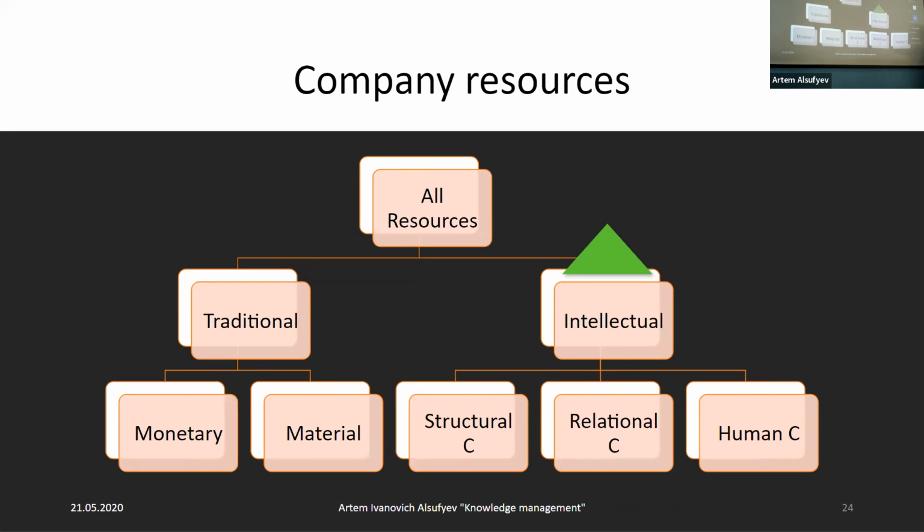You remember we said that intellectual capital is core knowledge within the organization. But if we are just saying we have three types, three elements of intellectual capital, that's not enough for us. We need to go deeper into understanding what the main resources are.